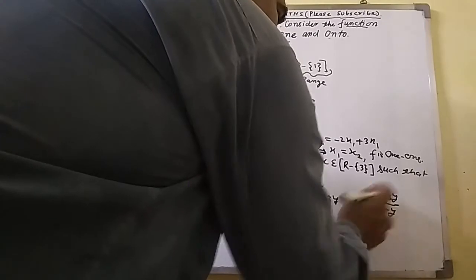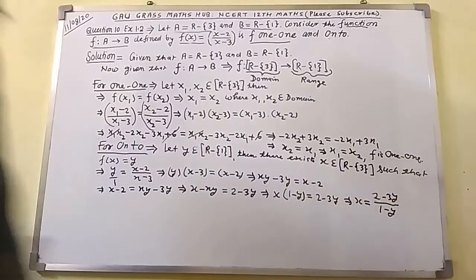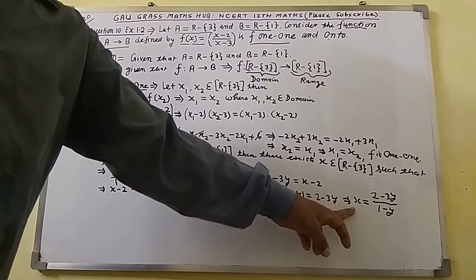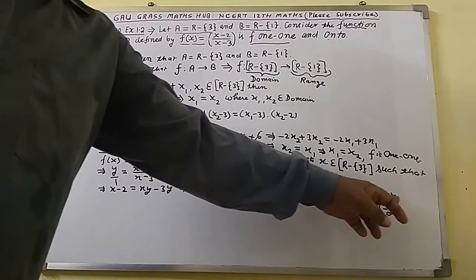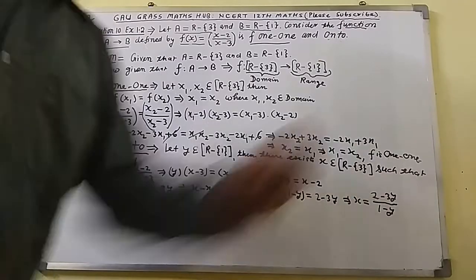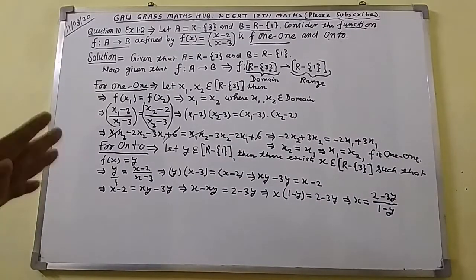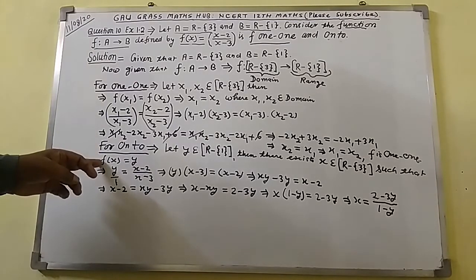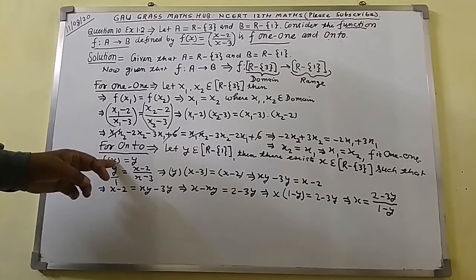You have got the value of x, where x belongs to the domain and y belongs to the codomain. So here the value of x you have got. So what to do in order to prove onto?